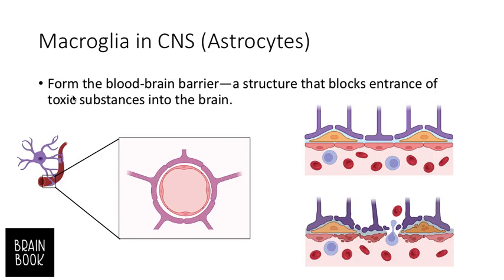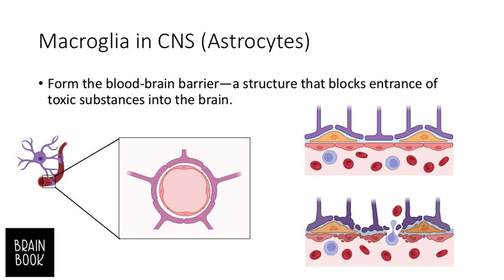You can see here we have a term which is very important in neurobiology, which is the blood-brain barrier. As you may know, the blood-brain barrier is a system that protects our central nervous system from the entrance of different chemicals or pathogens to our brain and spinal cord.